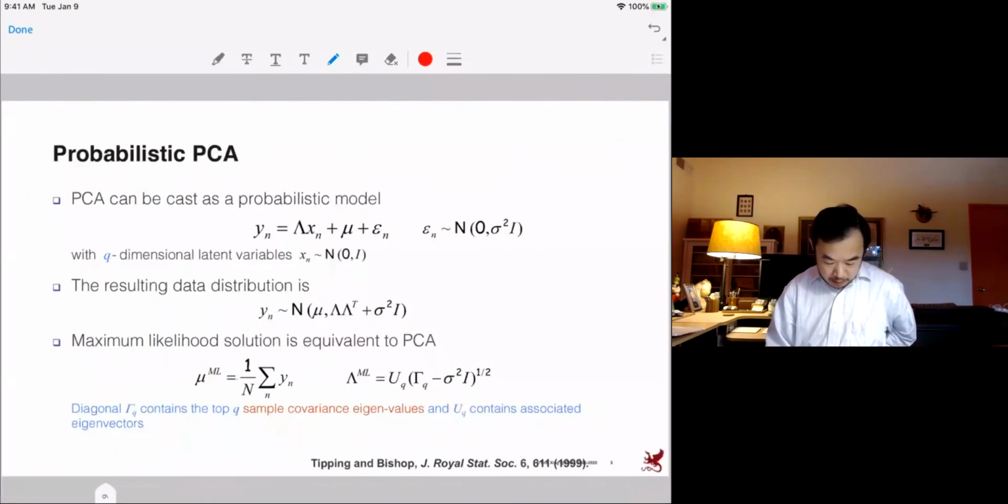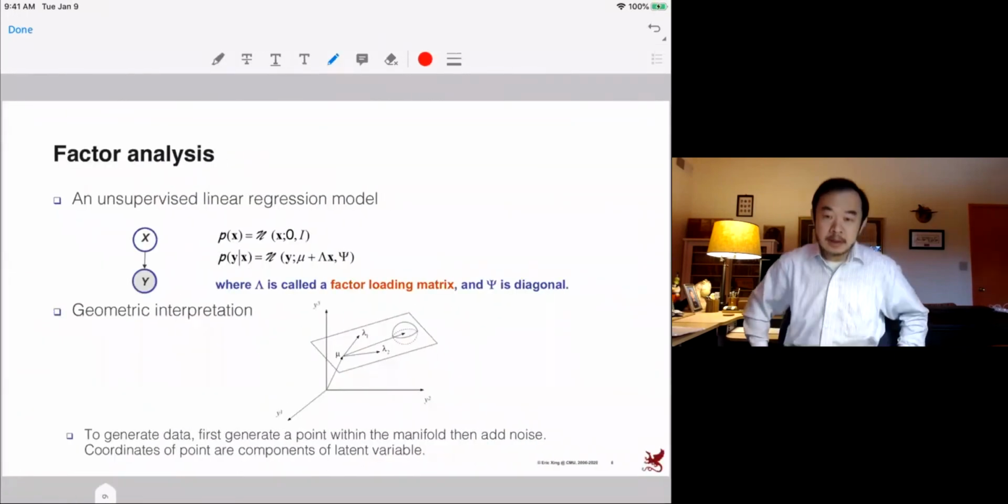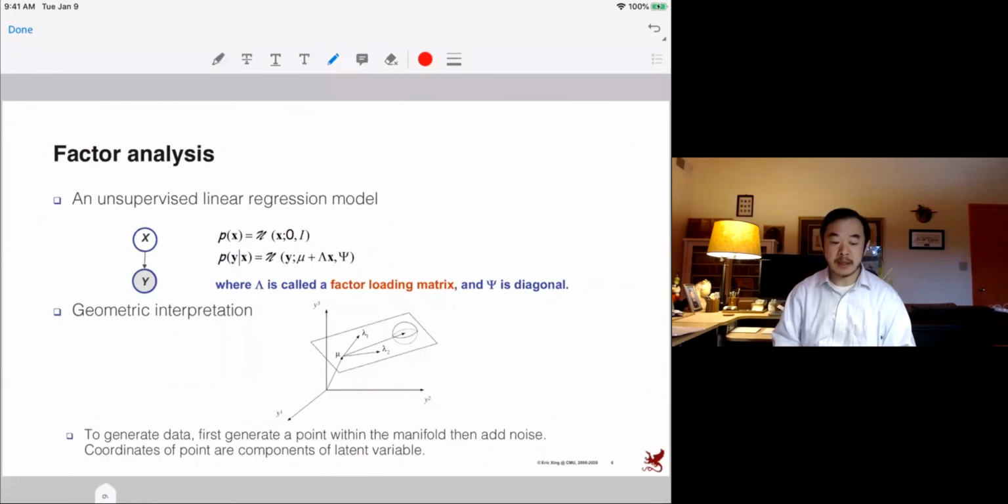Okay, so now having presented the probabilistic PCA, I'm going to now go to the serious business, which is a more general version known as the factor analysis. The factor analysis takes an assumption which is a little bit more general than probabilistic PCA. So again, starting from a latent variable x, which is assumed to be lower dimensional.